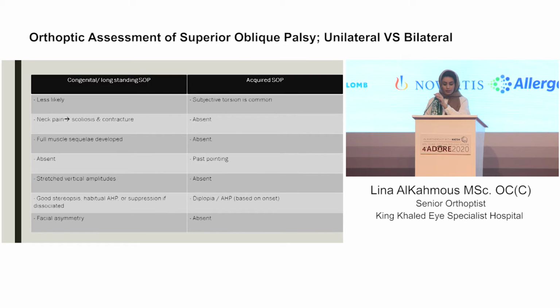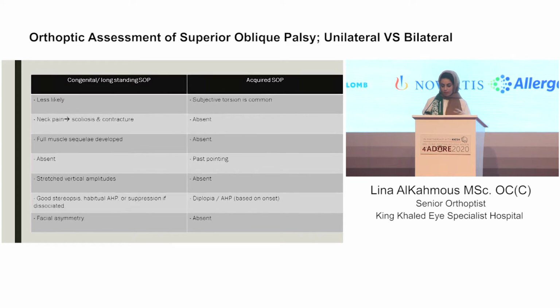So here's the basic table that gives you a hint how to differentiate between the congenital or long-standing superior oblique palsy and the acquired in clinic, and that's how we use it in orthoptics. In long-standing cases, you would usually find a facial asymmetry and stretched vertical amplitudes.